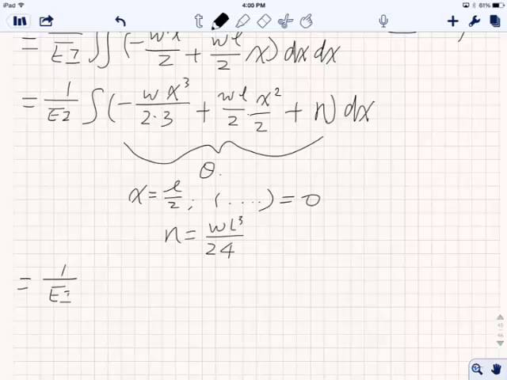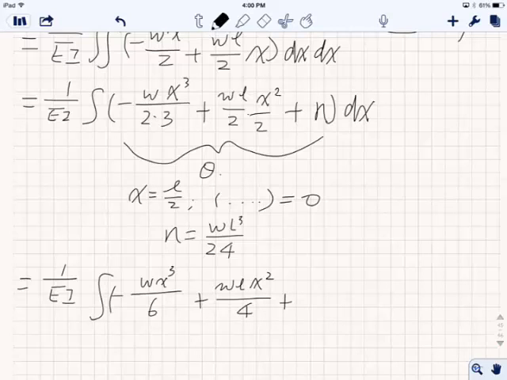So what we have now is minus w x cubed divided by 6 plus WL x cubed divided by 4 plus WL cubed divided by 24, dx.